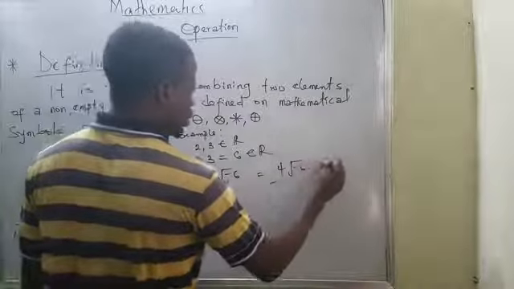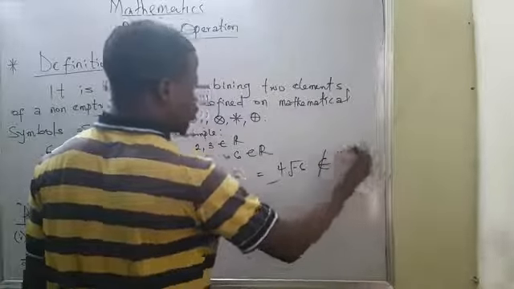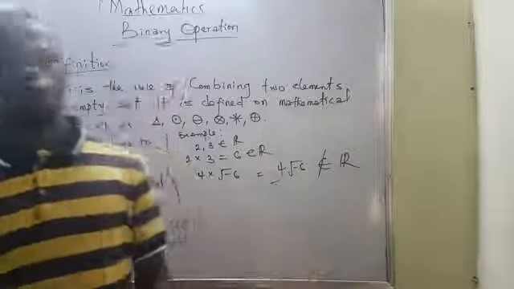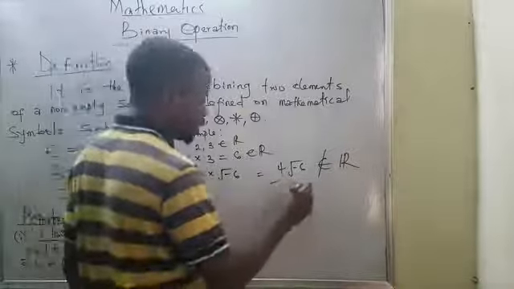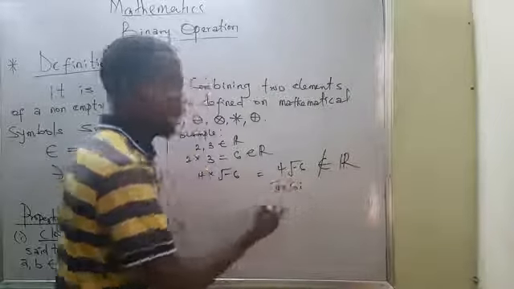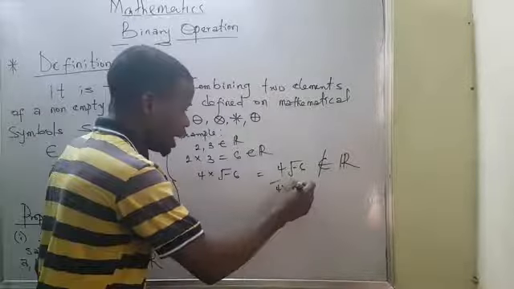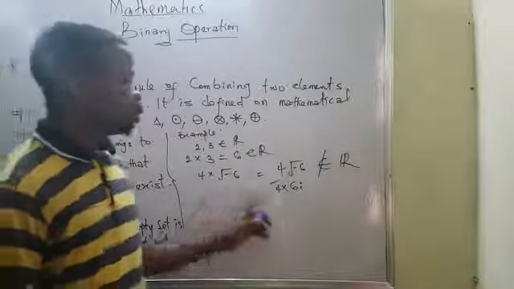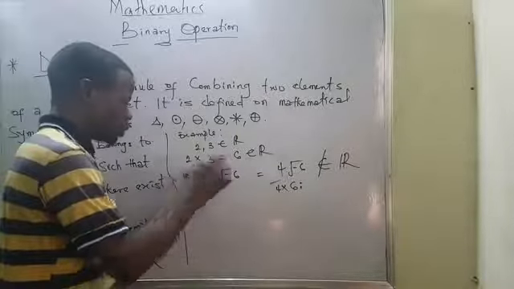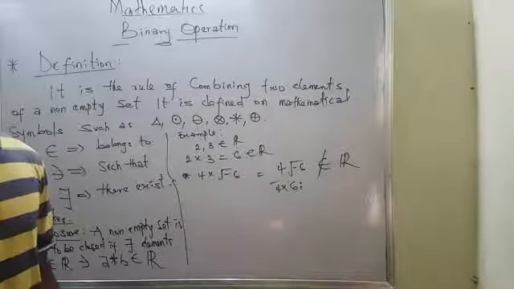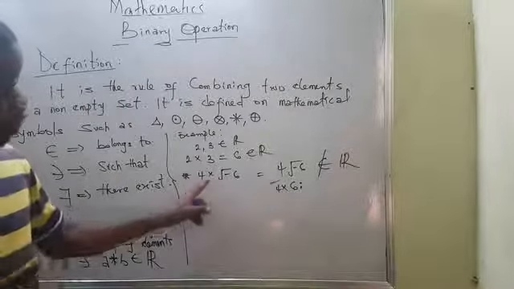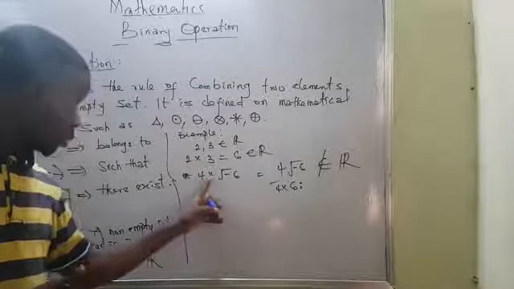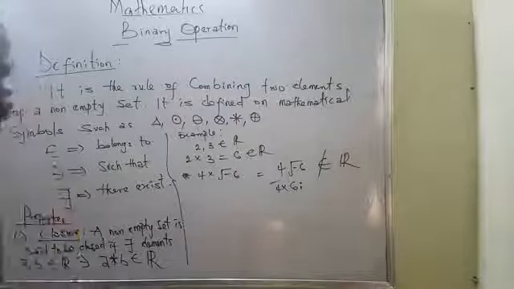This does not belong to the set of real numbers. The square root of minus 6 will give me the square root of minus 1 times the square root of 6, and that will give me 6i. That will be 4 times 6i. And i is a complex number. So that's why this does not belong to the set of real numbers. It means this one is not closed. The set is not closed under this definition. Am I communicating?